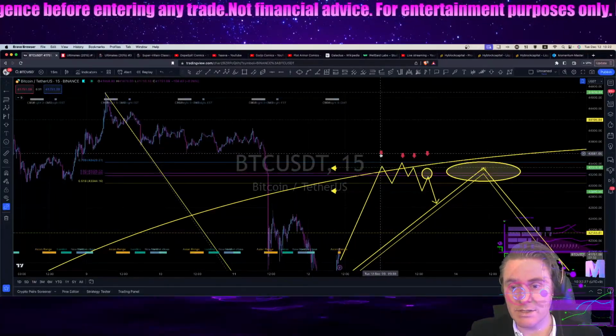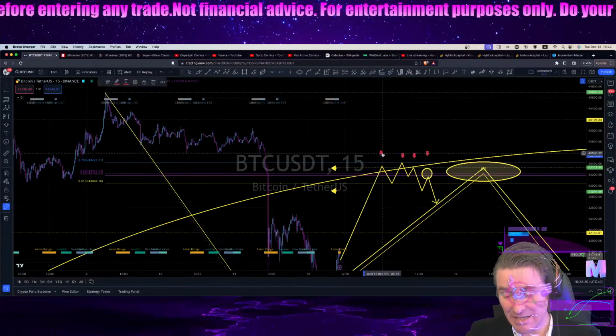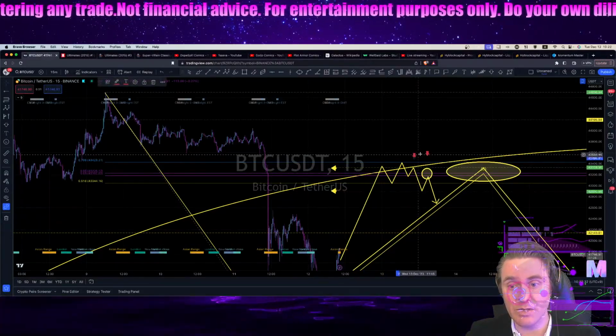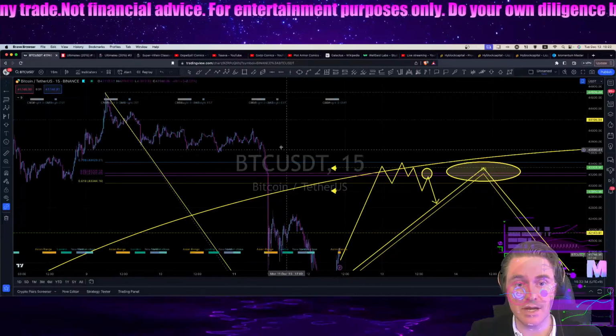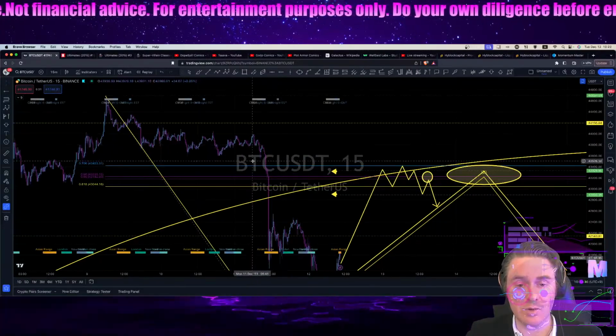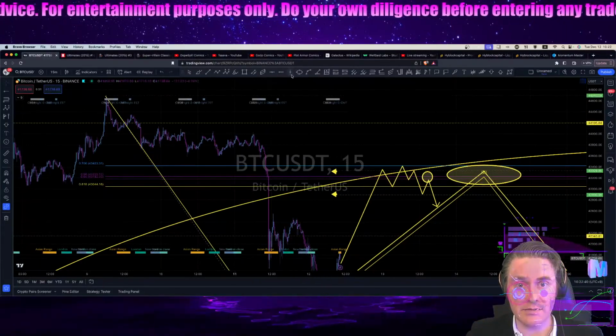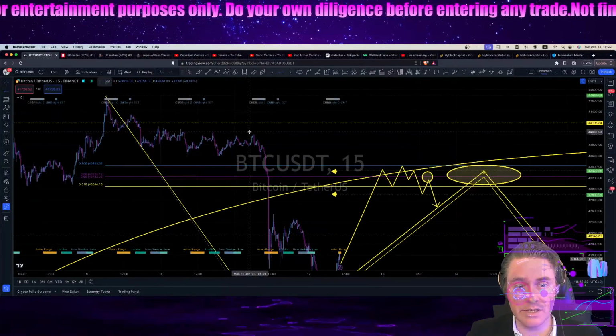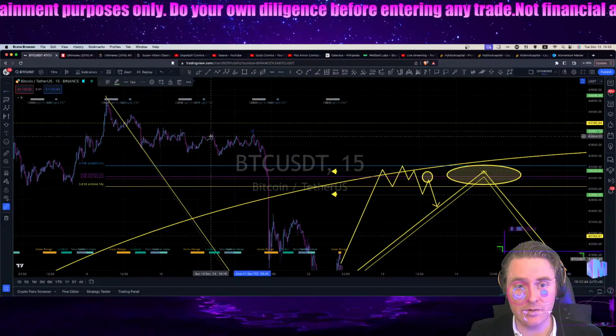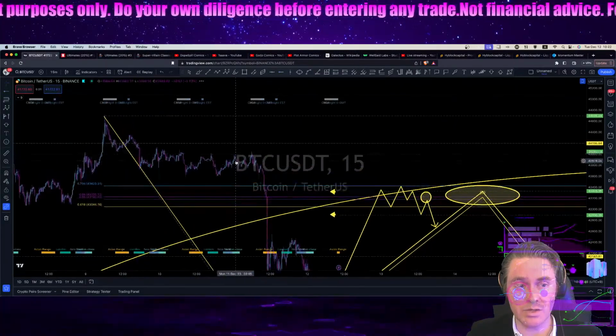So you don't want to necessarily set limit orders, although if you could, but you have to have your exit strategy in mind. Where is it invalidated? Where would my trade be invalid? And then you put your last line of defense, and you say if it goes above here, we're ultimately breaking the range and we're bullish.